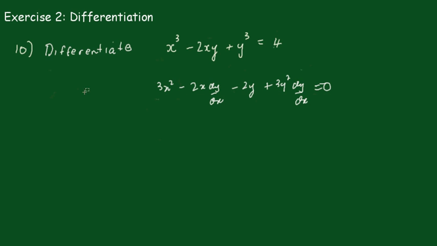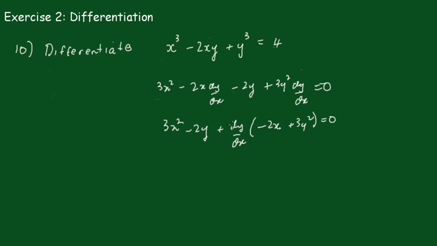Alright, now just rearranging this a bit, we're going to have 3x squared minus 2y plus, taking out the dy dx as a common factor, of minus 2x there, and you'll have a plus 3y squared there equals 0.